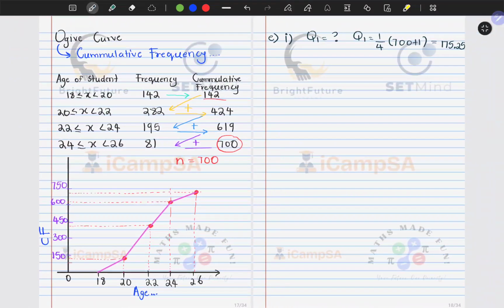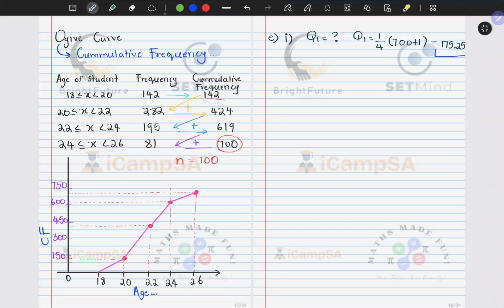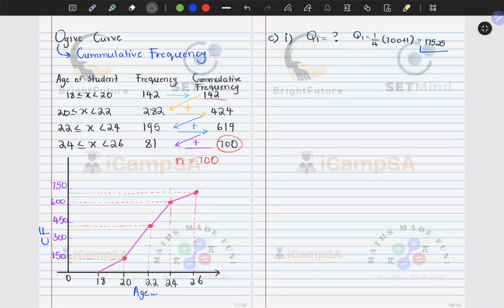No, they're looking for the exact value. Okay. So what we are going to do is we are going to look for this value that we've just calculated here. So let me rewrite it. What we found was 175.25.